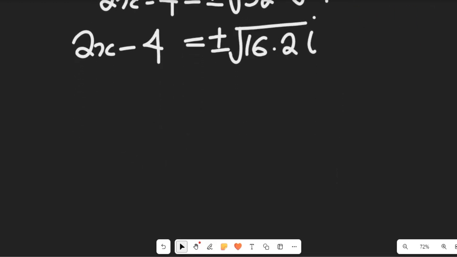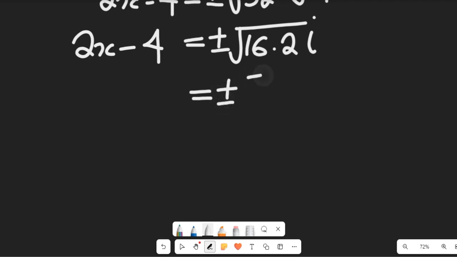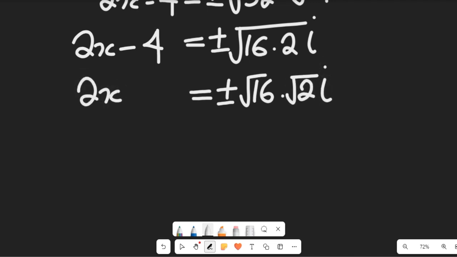Now if I simplify that, I'll have the right hand side give plus or minus the square root of 16 multiplying the square root of 2 times i, and then I'll have my 2x minus 4 equal to that.